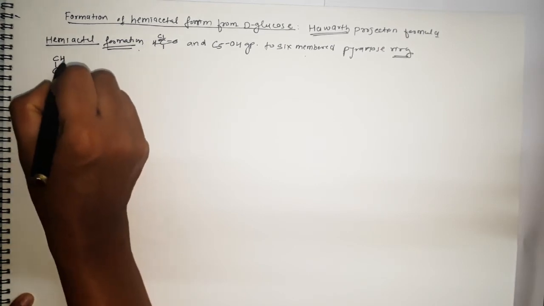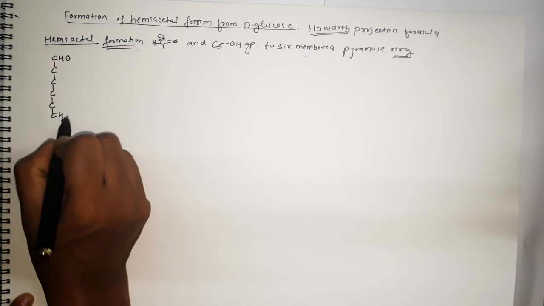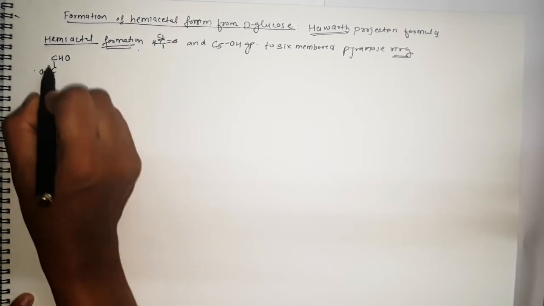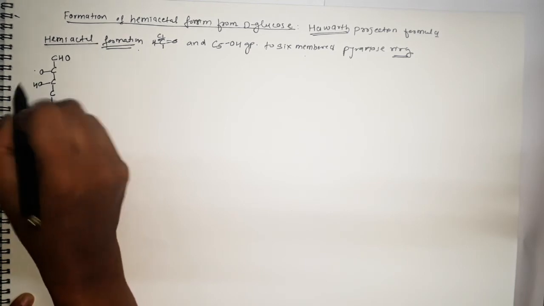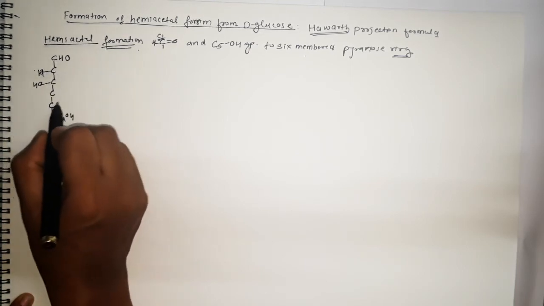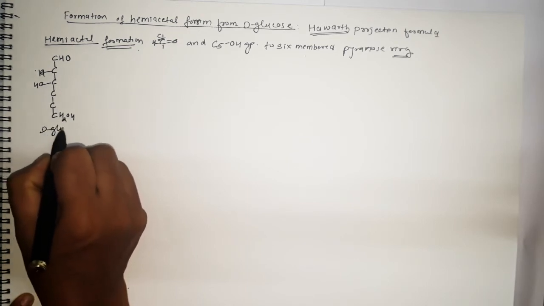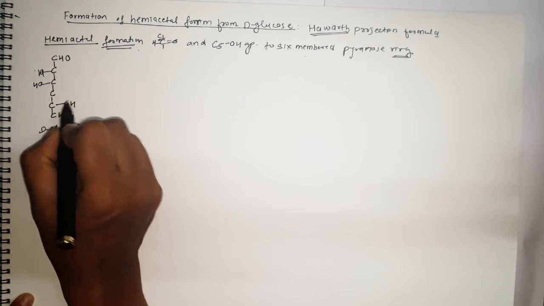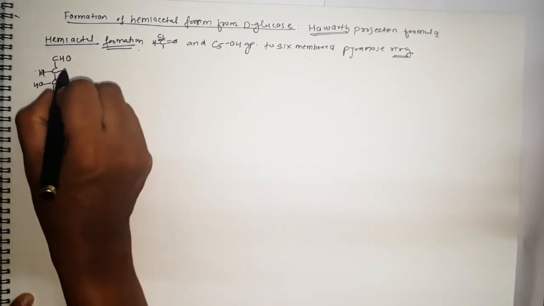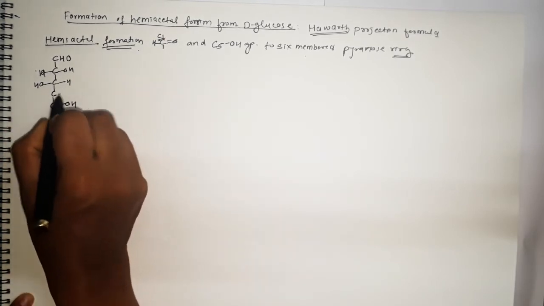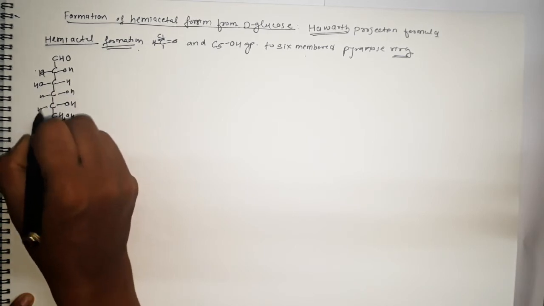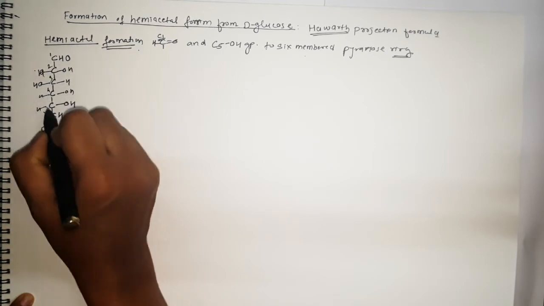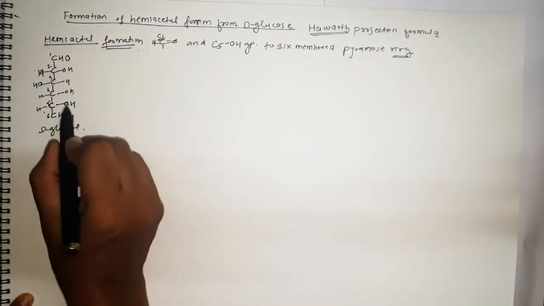The first carbon is CHO, the last carbon is CH2OH, and in glucose the third carbon has OH on the left hand side, and as this is D-glucose, the fifth carbon OH is on the right hand side. So the reaction is between the carbonyl carbon and the fifth carbon OH.